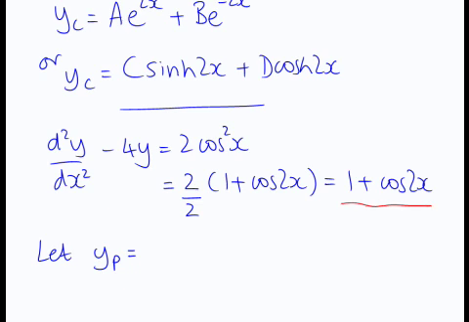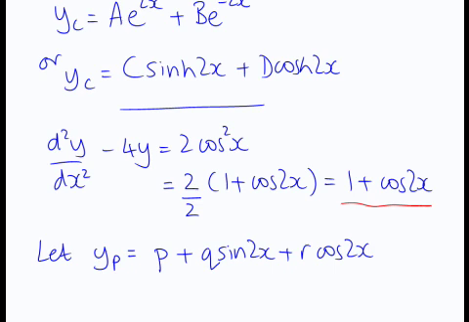First, the 1 is a constant term, so I'm going to guess a constant which I'll call p. Then I've got a cos 2x, and whenever you have a trig term, either a cos or a sine, you should guess both of the terms. So I'm going to guess q sin 2x plus r cos 2x.